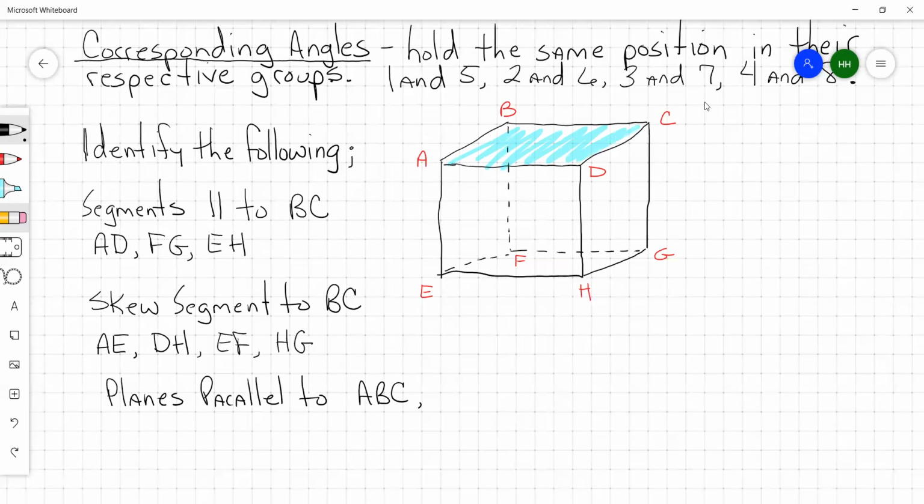The bottom of the box, good. And when you're describing a plane, you need to use 3 points that are not on a line. So if we want to describe the bottom of this box, we can use EFG. Those would be 3 points, E, F, and G, that are in the plane, but they're not on the same line.